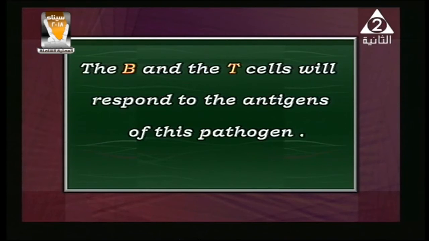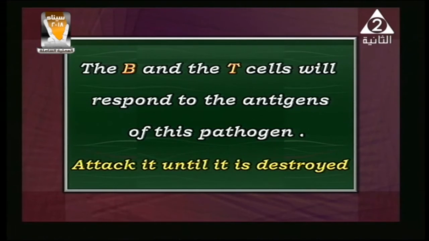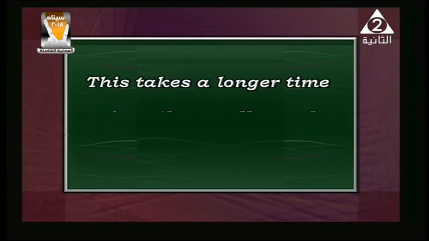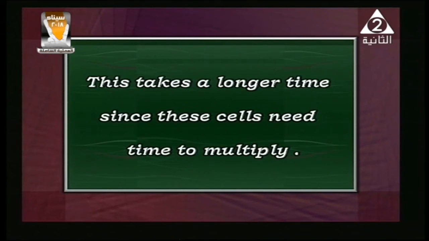What happens? The B and T cells will respond to the antigens of this new pathogen that the body doesn't recognize yet. After that, they attack it until it is destroyed. So this takes a longer time, since these cells need time to multiply and divide more than once to attack and engulf or destroy this pathogen.